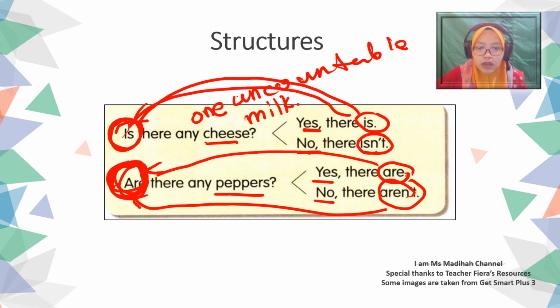It is something countable, and it is more than one. It has to be more than one, okay? For example, apples, more than one. Are there any apples? So if yes, yes they are. If no, no they aren't, okay?